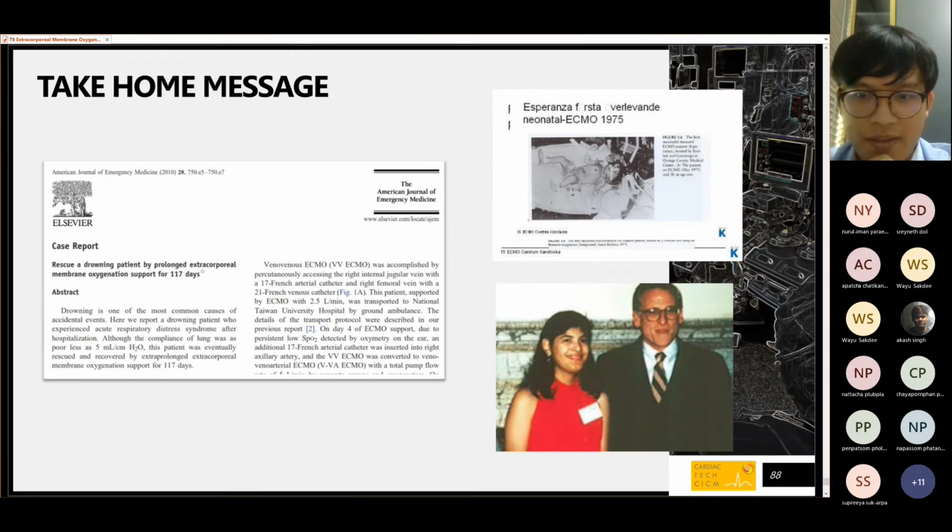And here is a slide that shows you the first successful Ecmo for a neonate. Here is the baby, and when she grew up, she took a photo with her physician, Dr. Bartlett, who is still alive, and who is the god of the Ecmo.